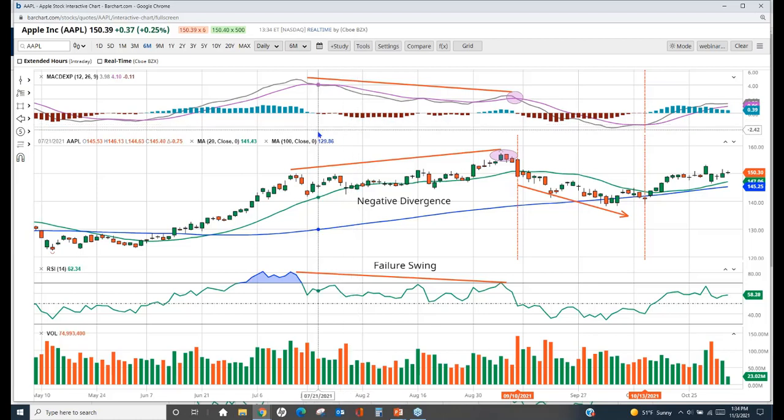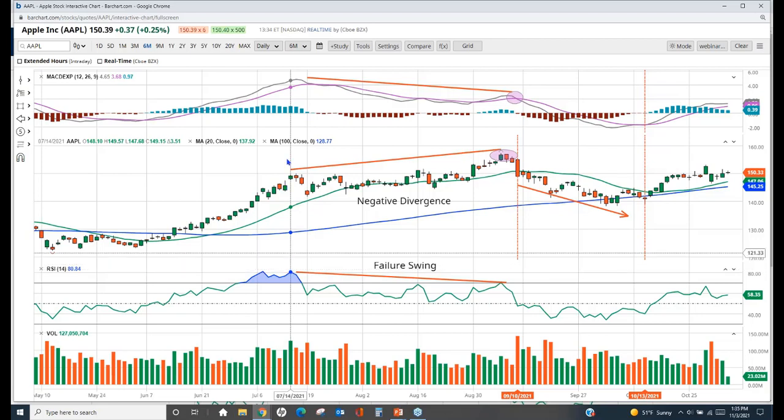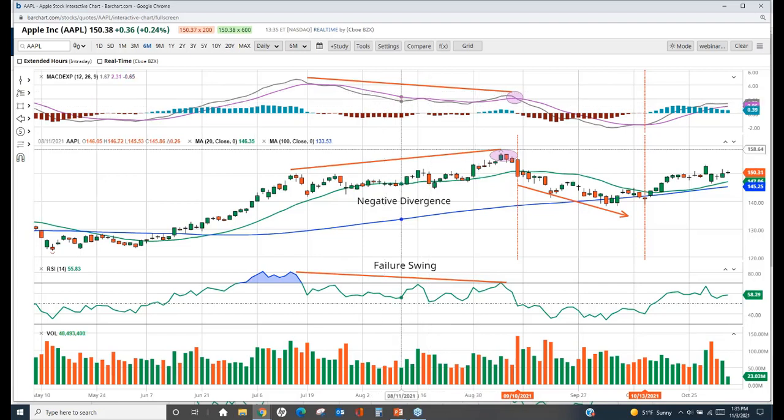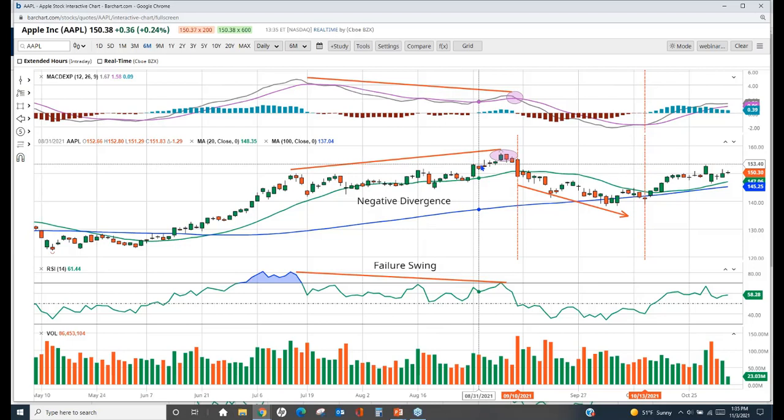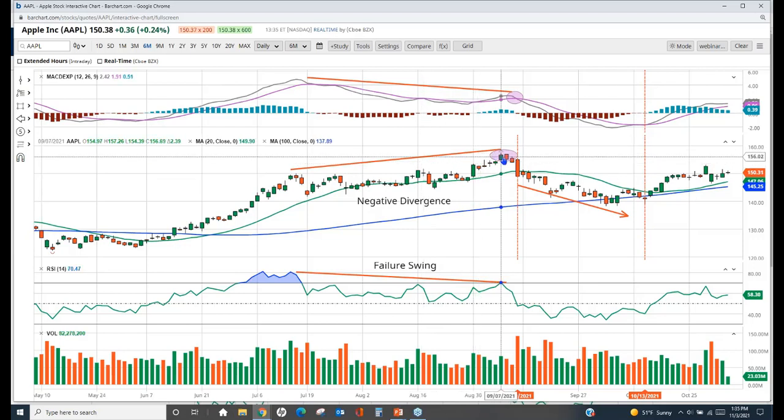Here we can see Apple made a high as our RSI confirms we're in the overbought zone, and our MACD got to a peak. And then our momentum stalled. We're still in an uptrend, kind of sideways to an uptrend, grinding it out. And Apple made a new all-time high.